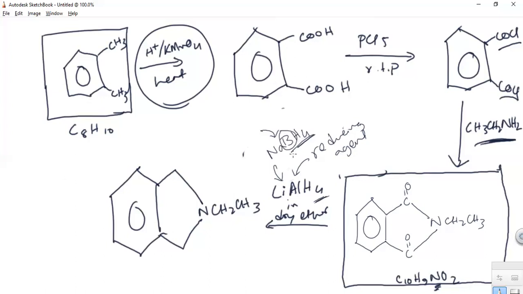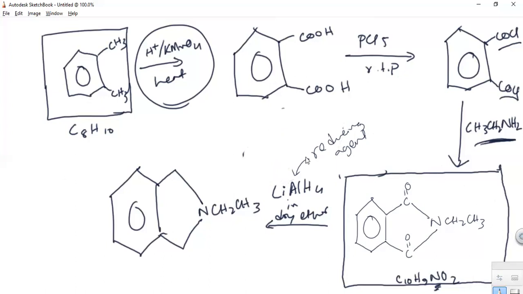This is actually boron. Yeah, boron. So sodium tetrahydrido, is it borate or bromate? Again I forgot, so I will try to recall it and say it to you. But yeah, that's our product so far.